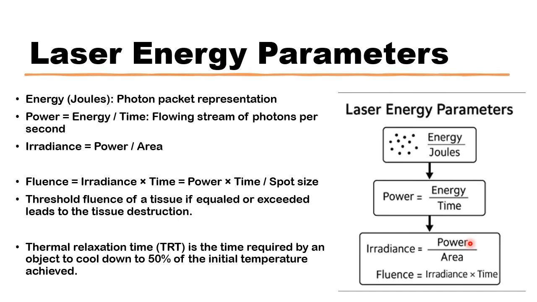This is the power, the rate of delivering of the energy, divided by the surface area of the target, multiplied by time, the total amount that actually hits the target. So this is the dose of the energy delivered to the target tissue, the fluence.